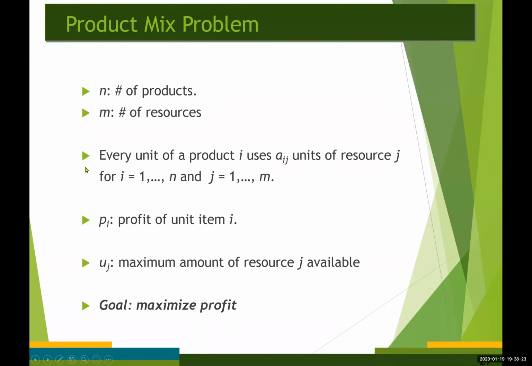And every unit of product i uses a sub ij units of resource j. Given the profits of each unit item and the maximum amount of resources, our goal is to maximize the total profit, okay? I gotta tell you, in reality, in many businesses, the resource allocation problems take this kind of format, okay?